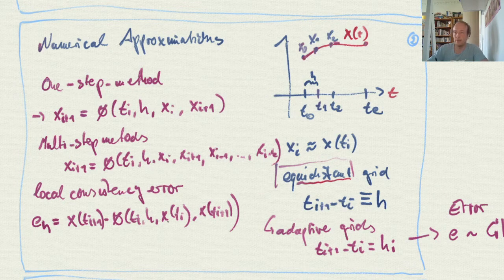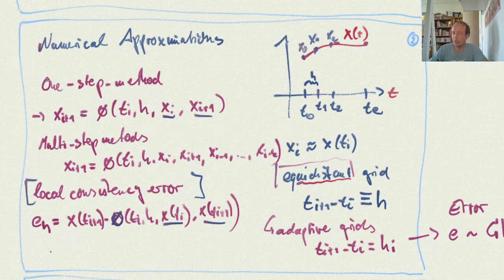Here you see, for example, here is the xi, which is the numerical quantity. Here's the exact quantity. And so the local consistency error examines what error is actually caused by the phi function, by the method itself.